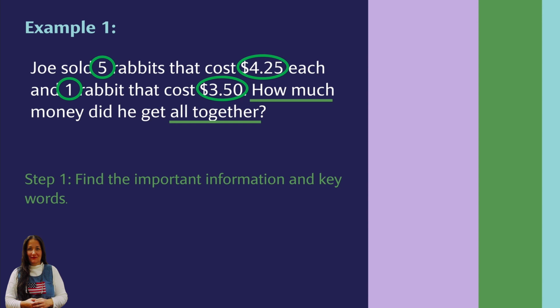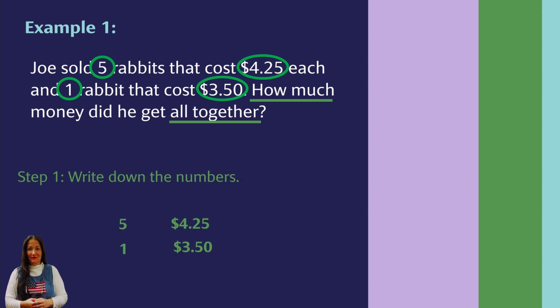We have 5 rabbits that cost $4.25 each, 1 rabbit that cost $3.50. How much altogether? Step 1. Write down the numbers: 5 at $4.25, 1 at $3.50.